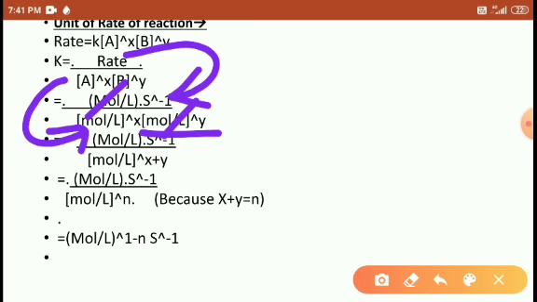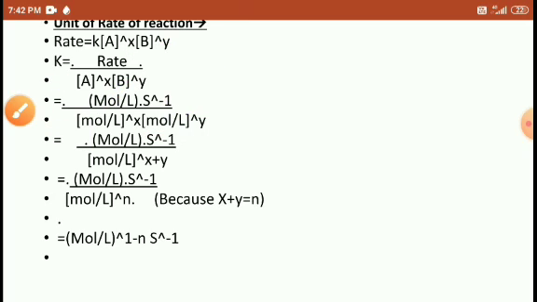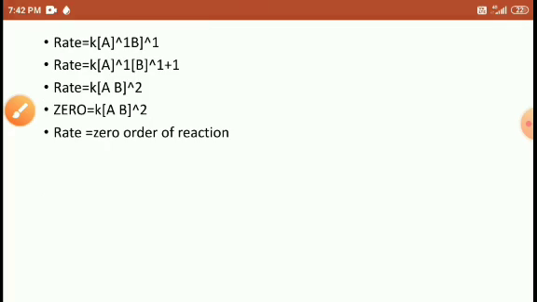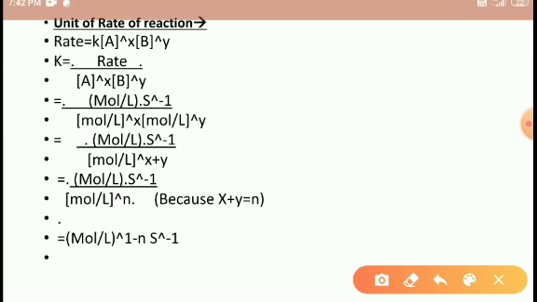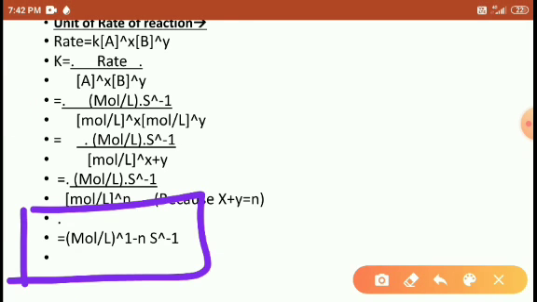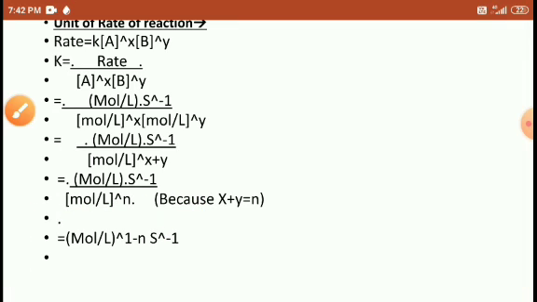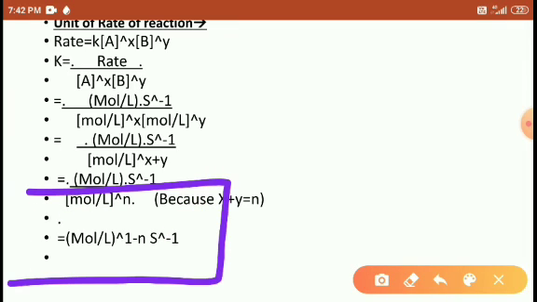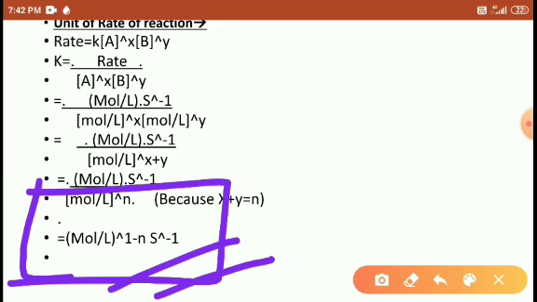Finally we get moles per liter to the power 1 minus n per second, whatever the n is. Right students? So with the help of this formula, we have to find the unit of first order, second order, third order, all of them.